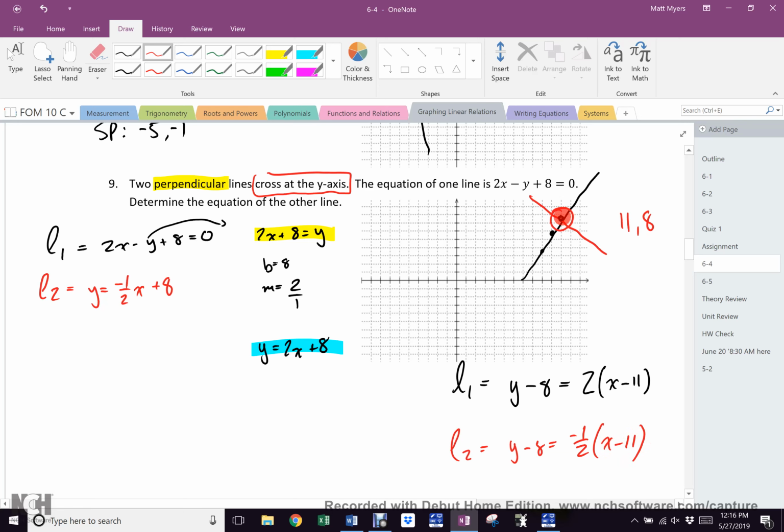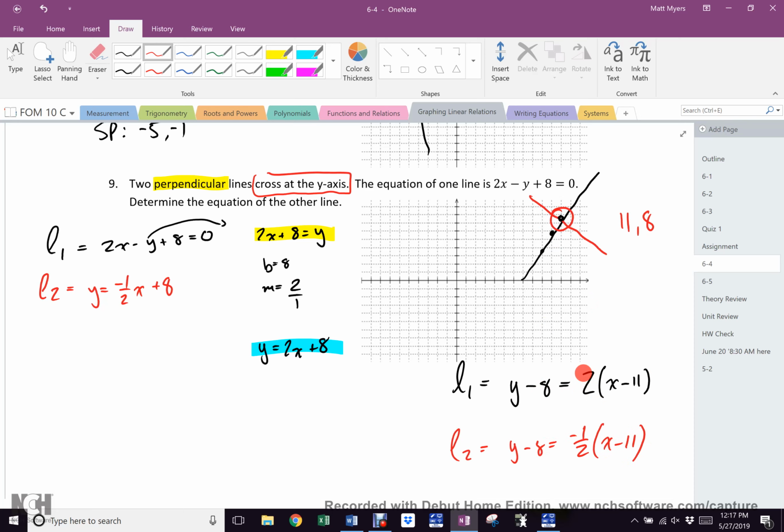Because they share that point, so it has to be the same in both, and only the slopes are flipped and opposite. Does everybody understand point-slope form?